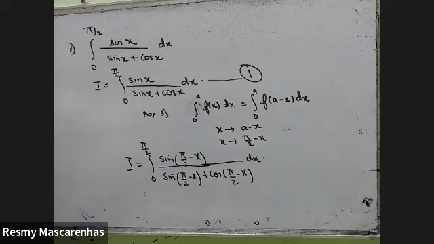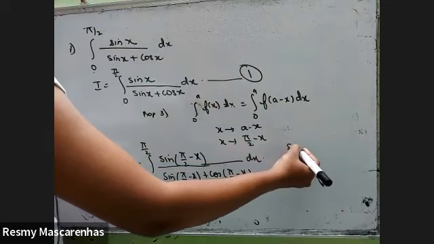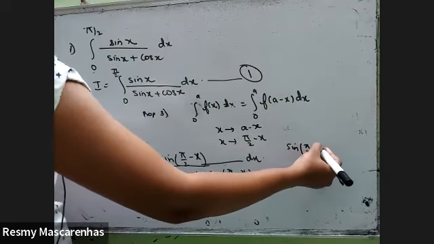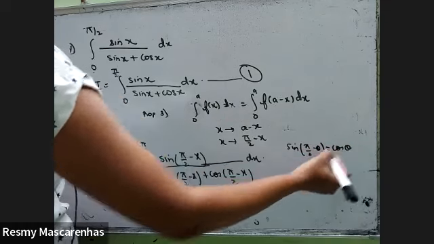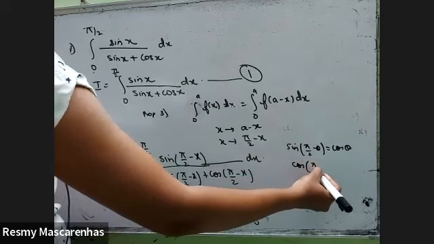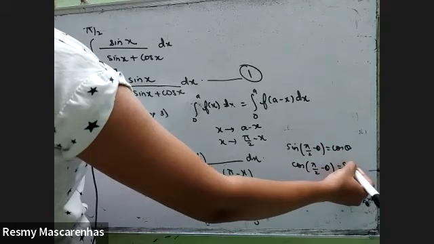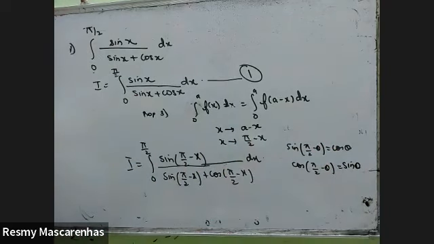Now you know that sine of pi by 2 minus theta is always equal to cos theta. Same way, cos of pi by 2 minus theta is sin theta. Same applies for tan. Tan of pi by 2 minus theta is cot theta. Always they are 90 degrees different from each other. Even sec of pi by 2 minus theta would be cosec theta.